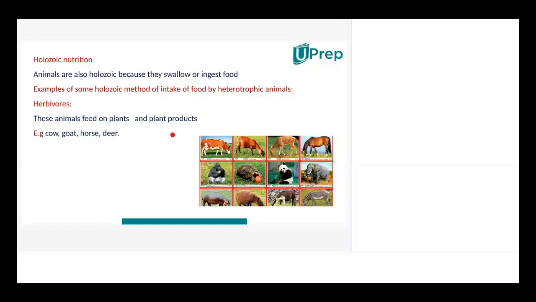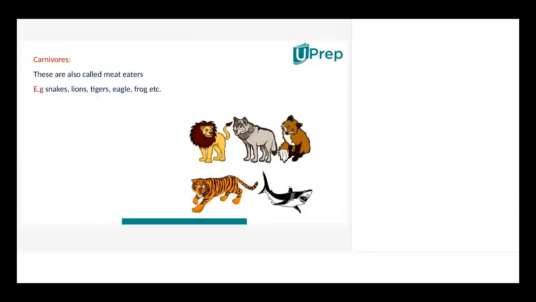So that mode of nutrition is known as a Holozoic mode of nutrition. They have the food, right? And they chew it, they swallow it using their gastrointestinal tract. Right, so most of the animals, the higher category of the animals, they all have Holozoic form of nutrition. It could be cow, goat, horse, deer, whatever.